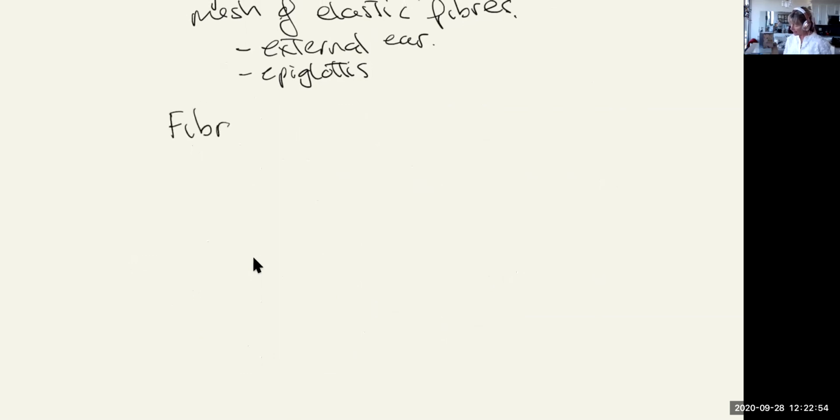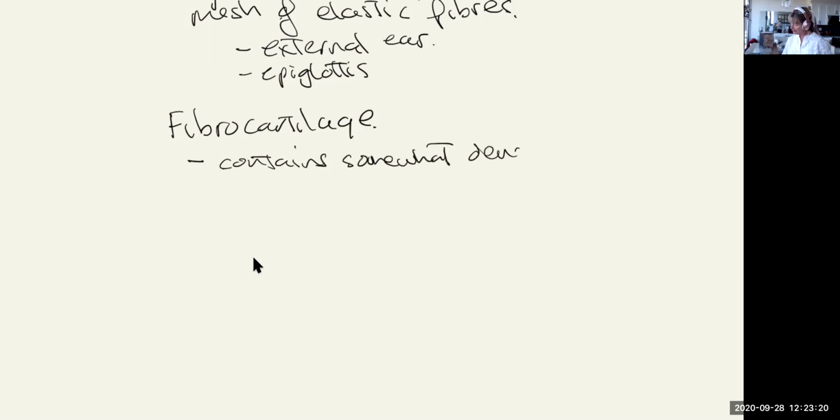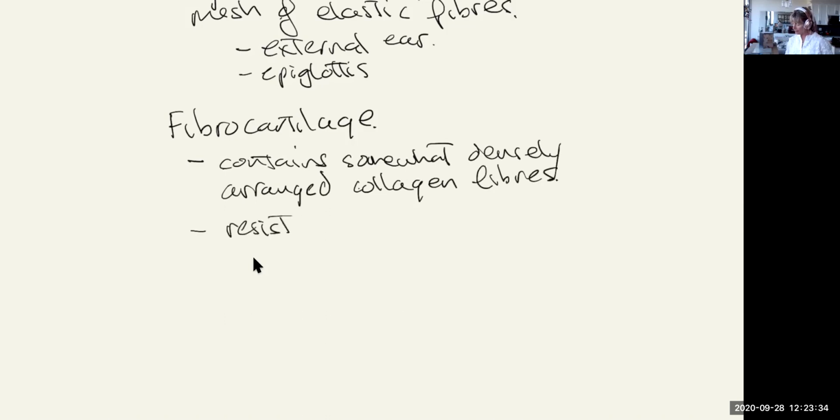And the last type is fibrocartilage. It's a bit of a combo. It contains relatively densely packed collagen fibers. Its purpose is to resist compression.